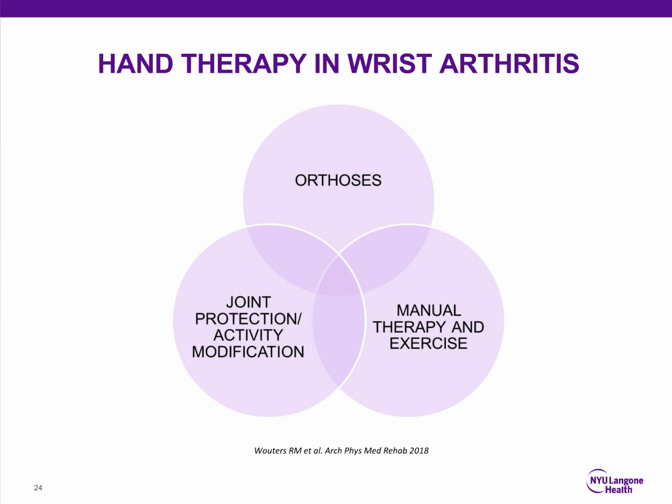And when I say exercise, I'm not saying range of motion exercise. I'm saying isometric exercises at mid-range because we don't want to aggravate the pain, and we are not looking for full active range of motion. And another important component is the joint protection for those patients and the activity modification.